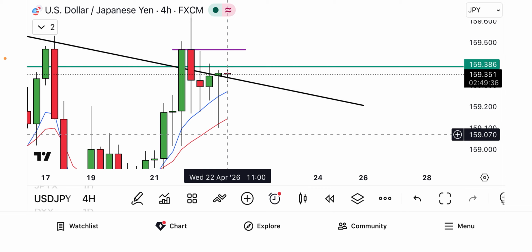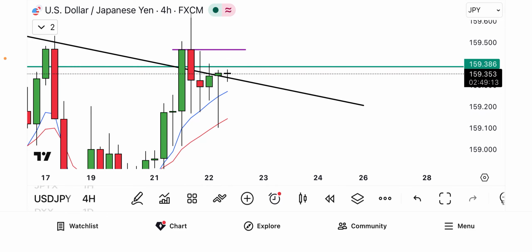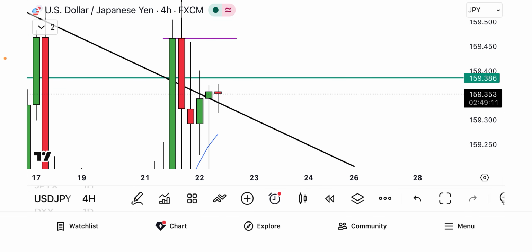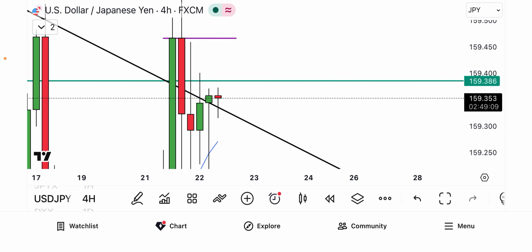This 11 o'clock candle has 2 hours remaining to close. So by that time it will be like 3 or so. 11, 12, 1, 2, 3, exactly. That's 15 o'clock here.